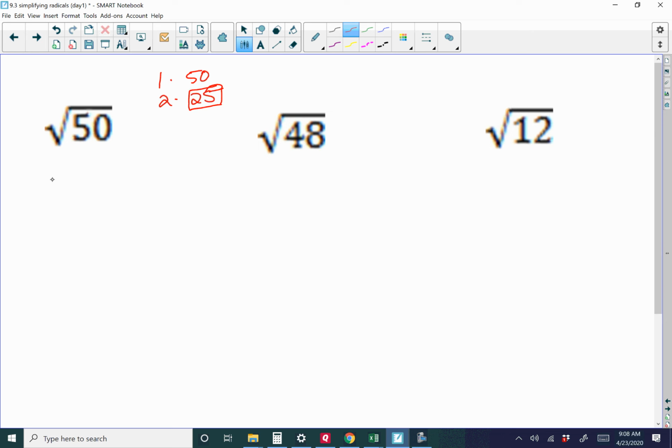So I'm going to break this up into the square root of 2 times the square root of 25. Right? Square root of 50 becomes the square root of 2 times the square root of 25. Square root of 25 is 5.